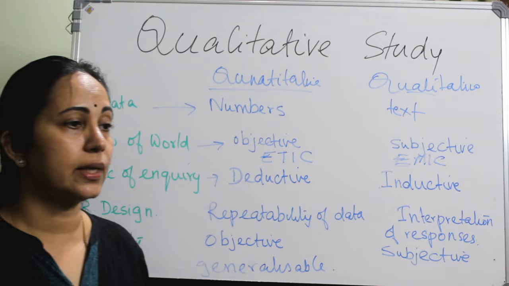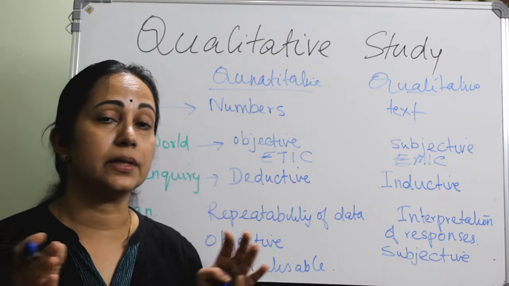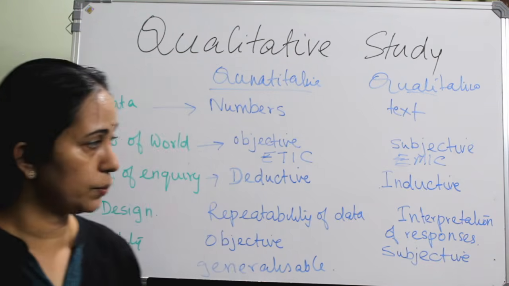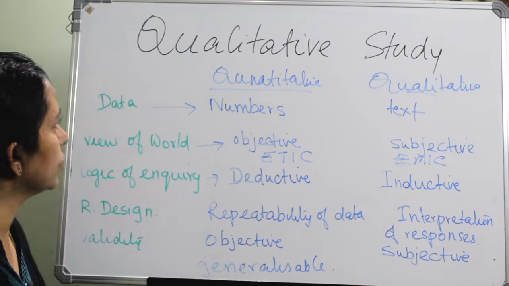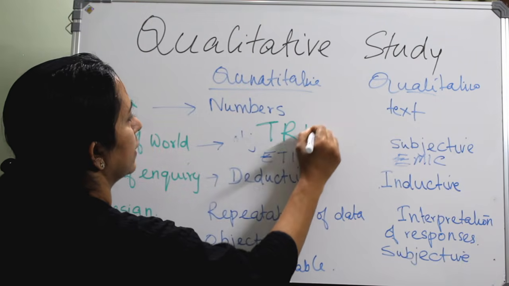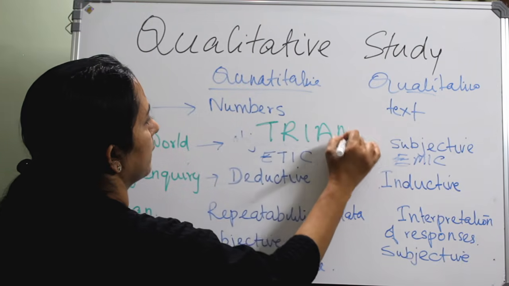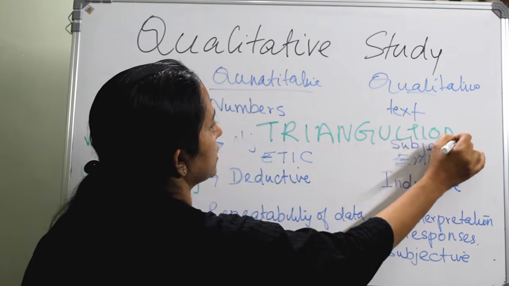We cannot tell that one is higher than the other. Usually in so many situations we need a mixture of all this. So mixing the different types of study designs into a single one, we call it triangulation.